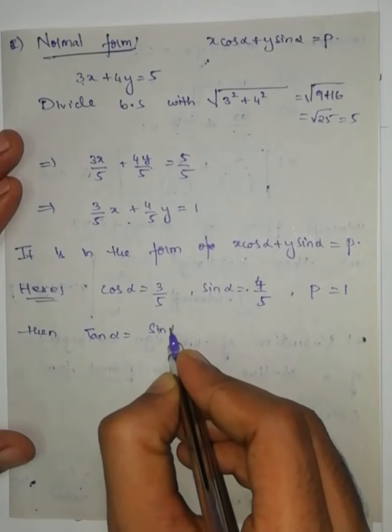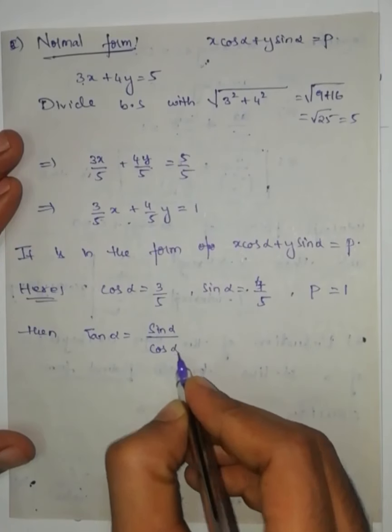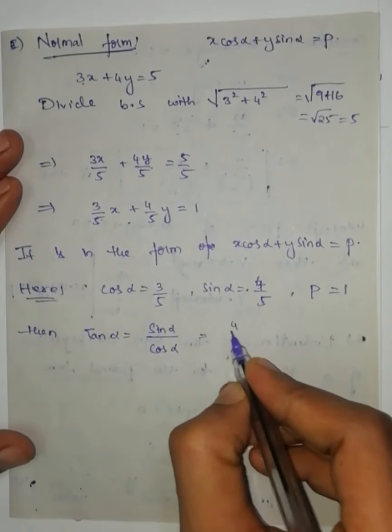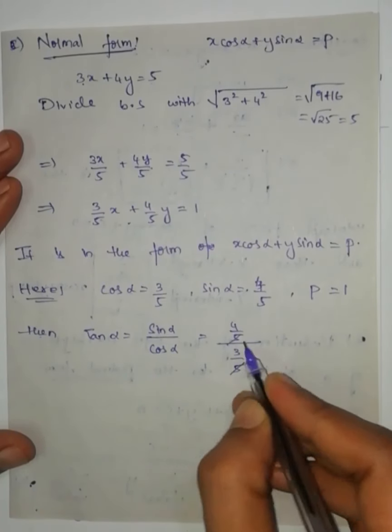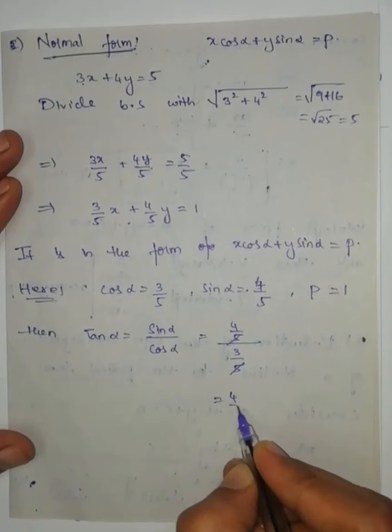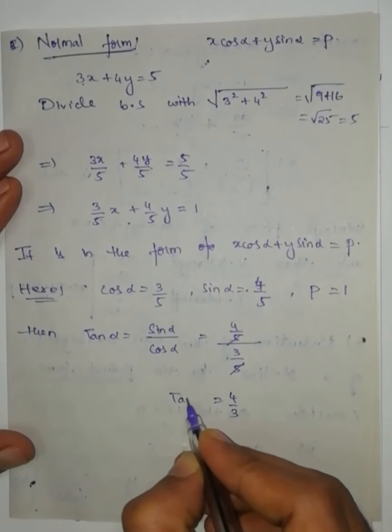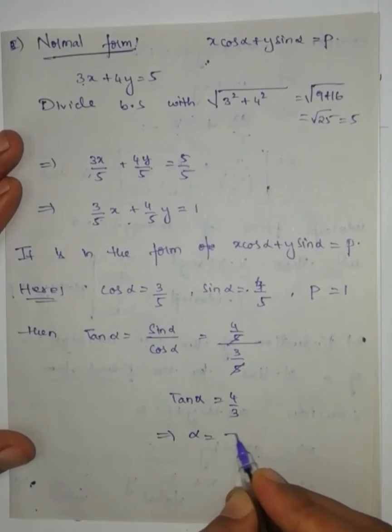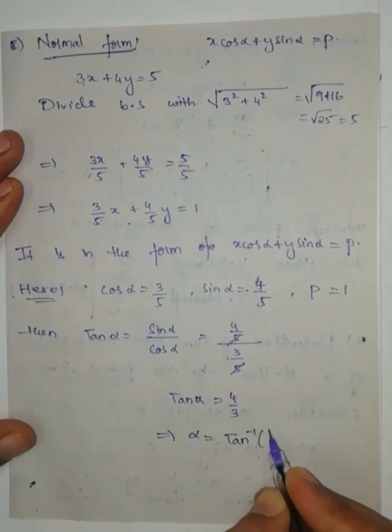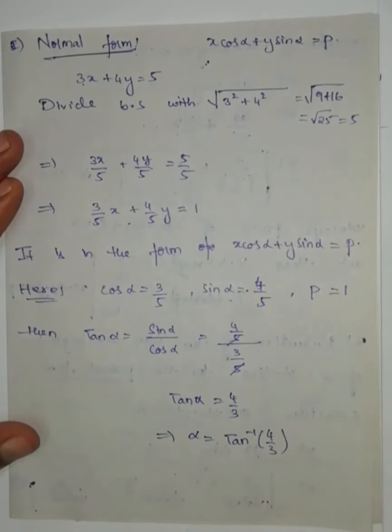It is sin alpha by cos alpha, that is 4 by 5 by 3 by 5. 5 gets cancelled, we will get 4 by 3, that is tan alpha. This implies alpha is equal to tan inverse 4 by 3.